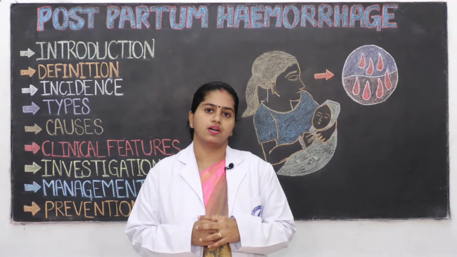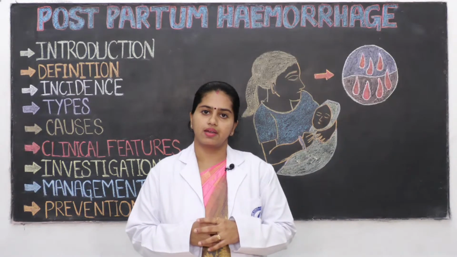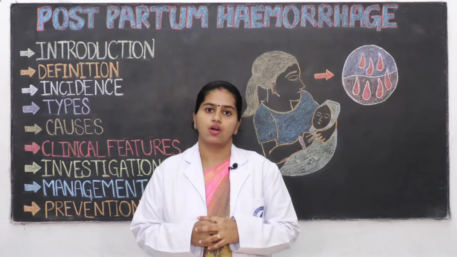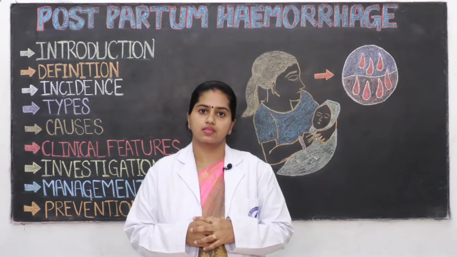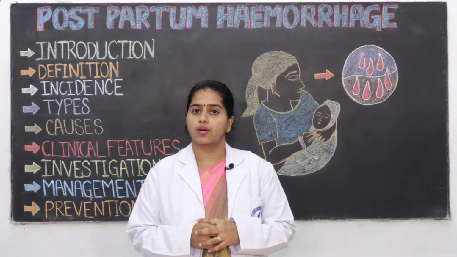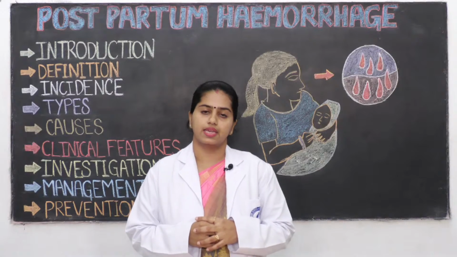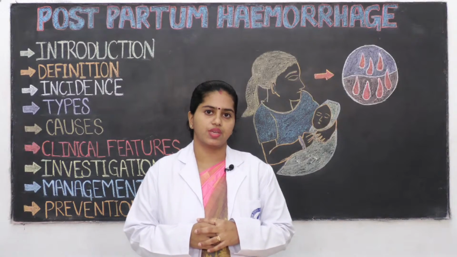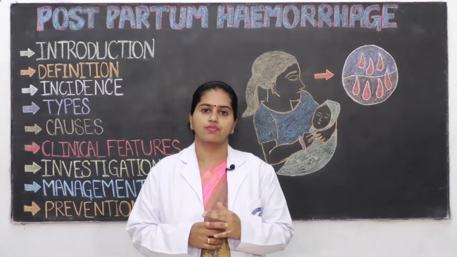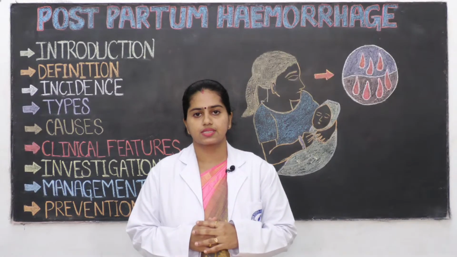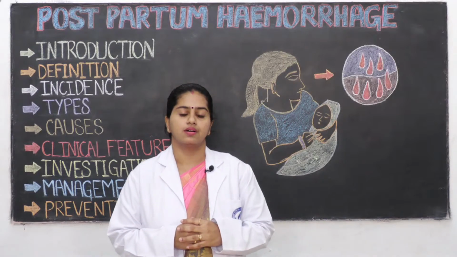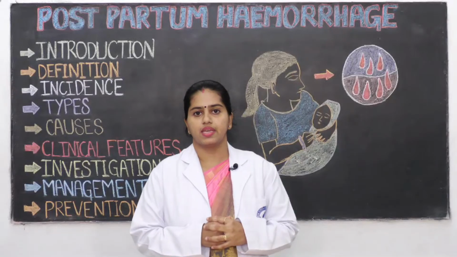IV oxytocin, 500 ml or 1 liter with 10 units of oxytocin, can be started as fast as possible, at 60 drops per minute, and this has to be monitored. Infusions can be given with normal saline, and fast crystalloids can be given.